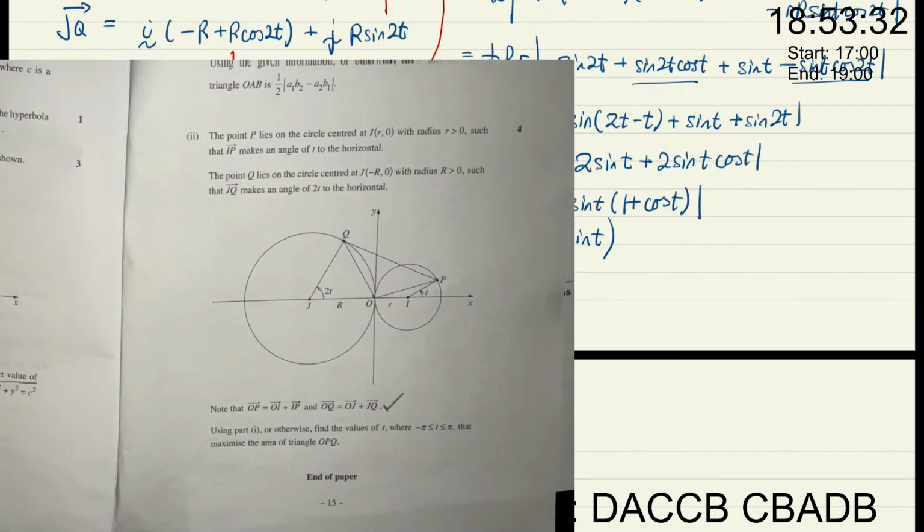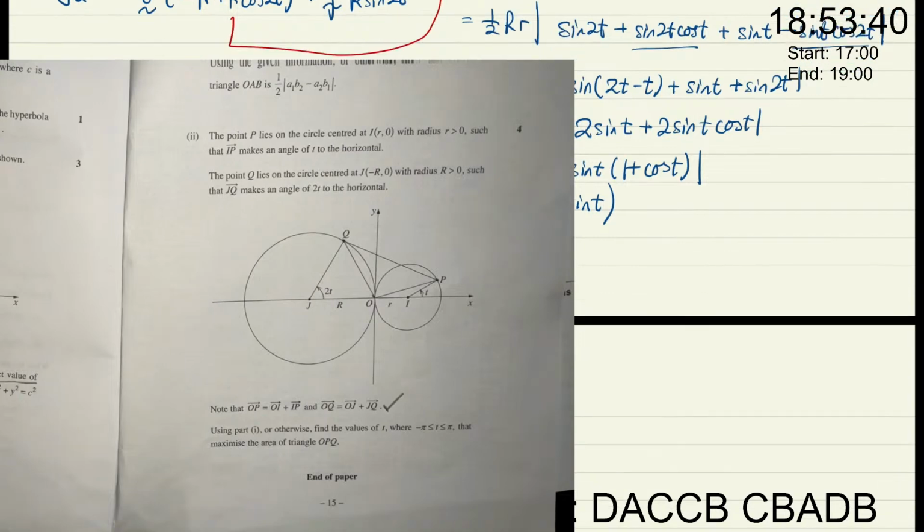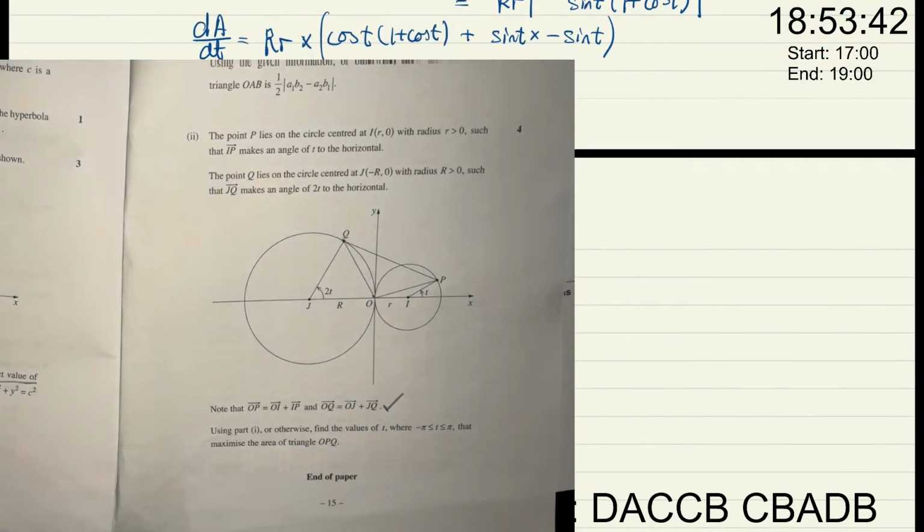Cos t. Don't tell me this is going to be a quadratic. Why do we do this?